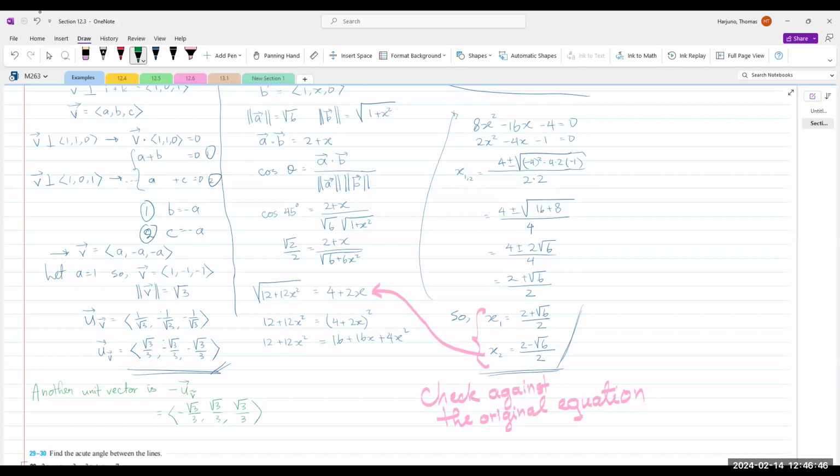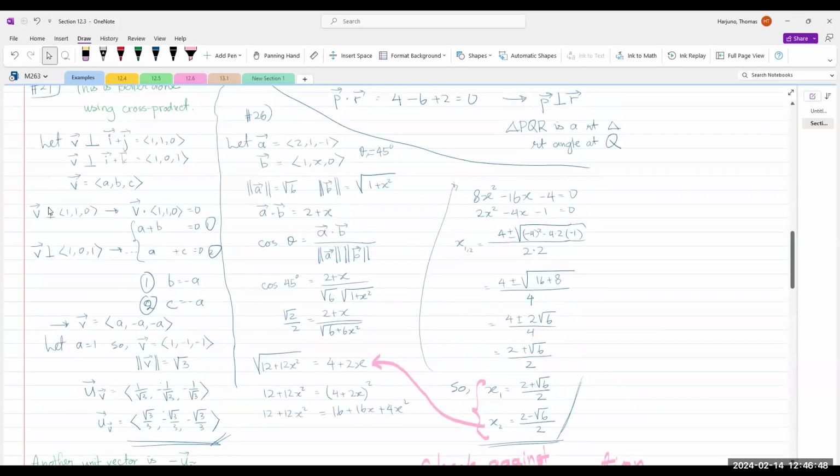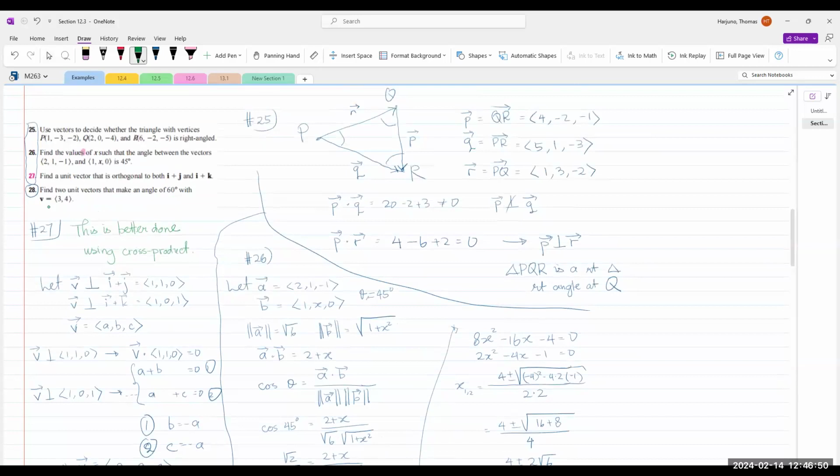I can say that there are actually only two unit vectors that are orthogonal to both. There are infinitely many vectors orthogonal to both of these two vectors, but only two of them are unit.